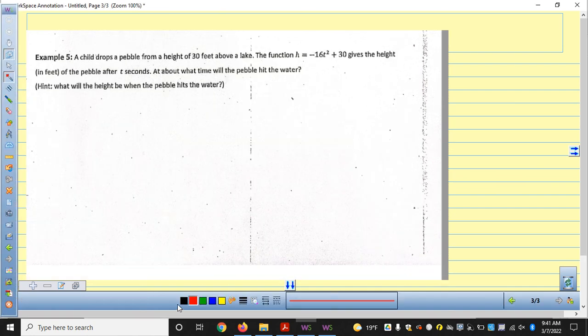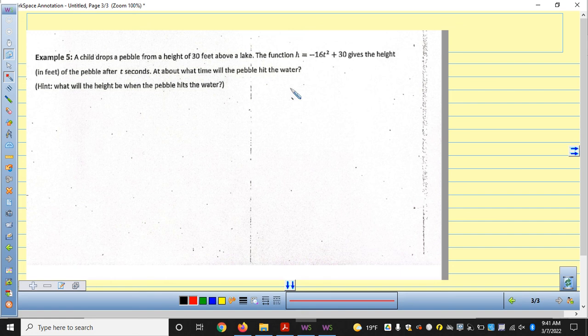And I mentioned on Friday that quadratic functions describe how objects move close to the surface of the Earth. So we drop a pebble at a height 30 feet above a lake, and it says the function h equals negative 16 t squared plus 30 gives the height of the pebble after t seconds. We want to know about what time the pebble will hit the water, and we're going to sketch a graph of this function to figure out when the pebble hits the water.